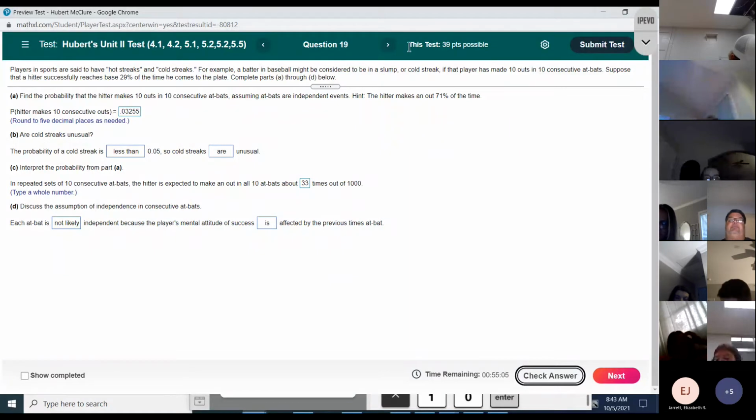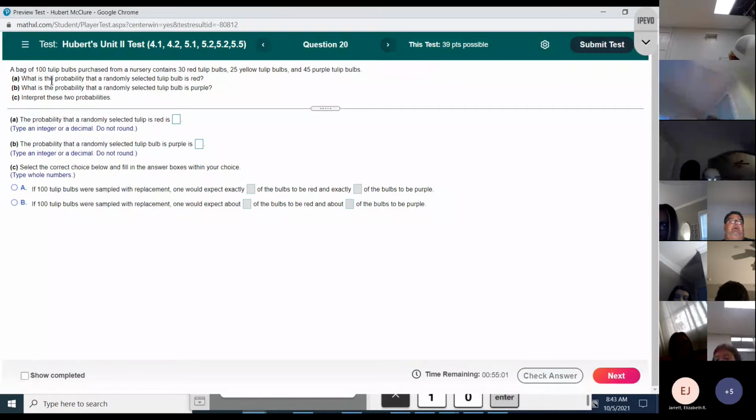All right, next. A bag of 100 tulip bulbs purchased from a nursery contains, okay, this is the golf ball problem. Golf ball, marble problem. We'll go ahead and do it. So you've got a bag.